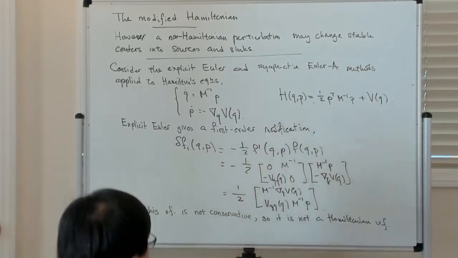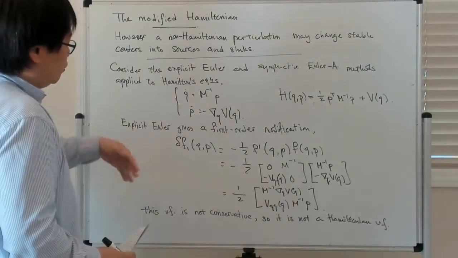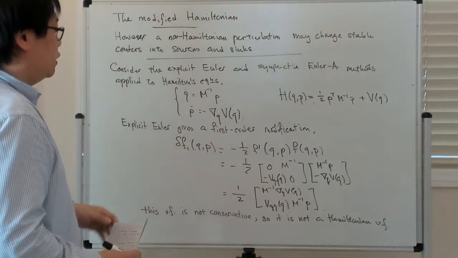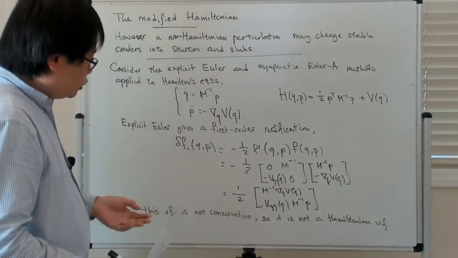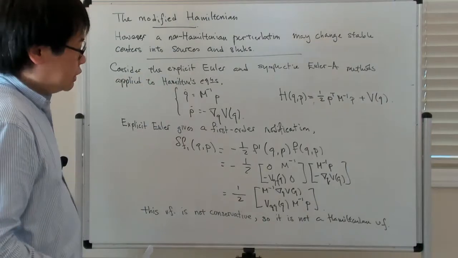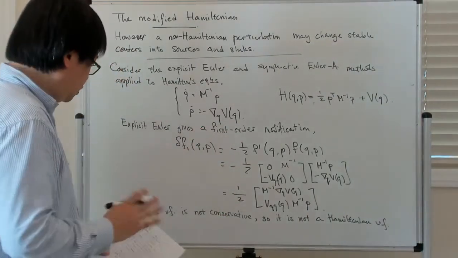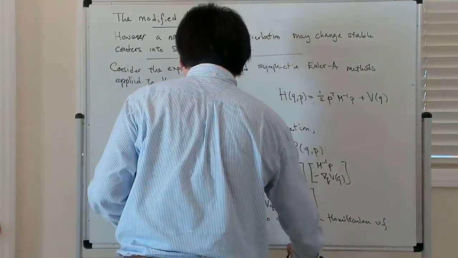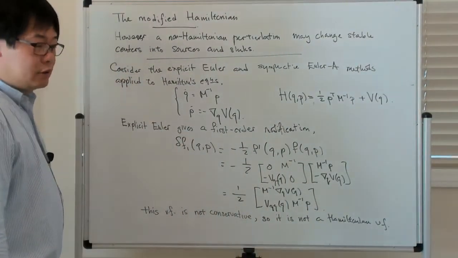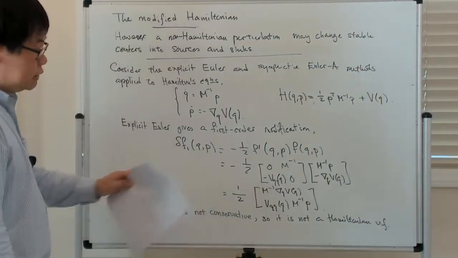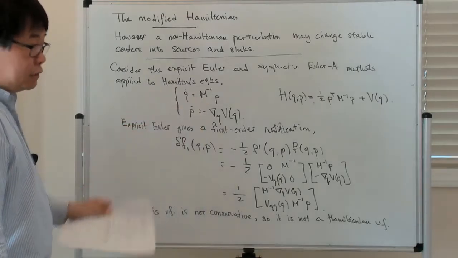So this is just an example. If you applied explicit Euler to Hamilton's equations, then the first order modification of Hamilton's equations gives you a correction factor which is not itself Hamiltonian. It's not so surprising. The explicit Euler method doesn't preserve any structure which is relevant to Hamilton's equations. You don't expect that the modified equations respect that Hamiltonian structure.